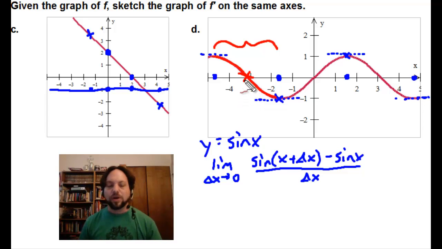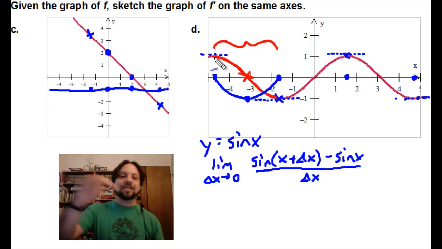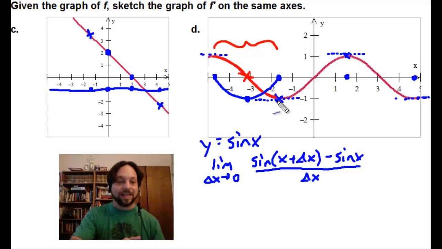Just a guess, I don't know. But that appears to be our largest negative slope. And in fact, we'll learn later that the slope at that point actually is negative 1. So if I put that down there, now I can draw the derivative in that interval. The derivative is negative the entire time, which corresponds to the graph decreasing in that interval.